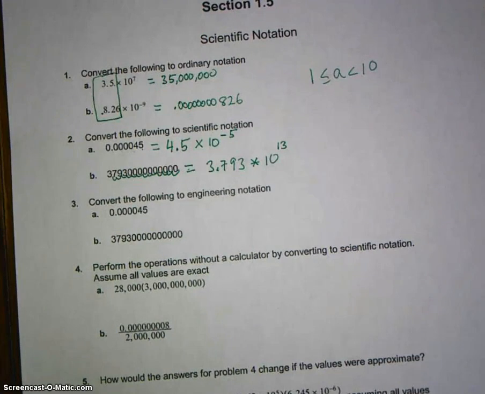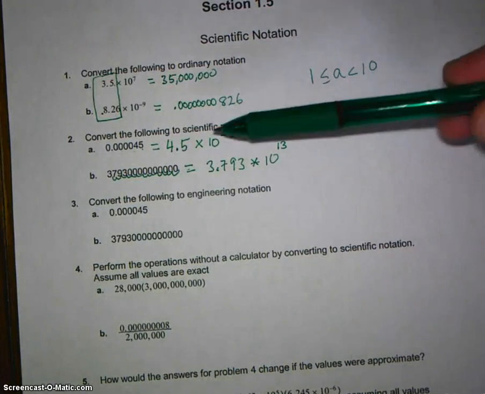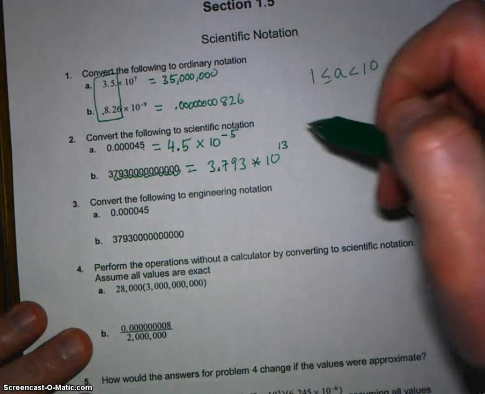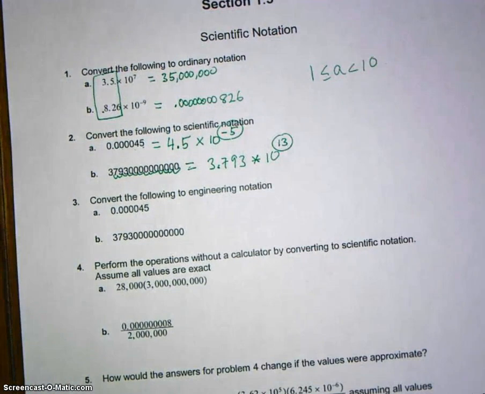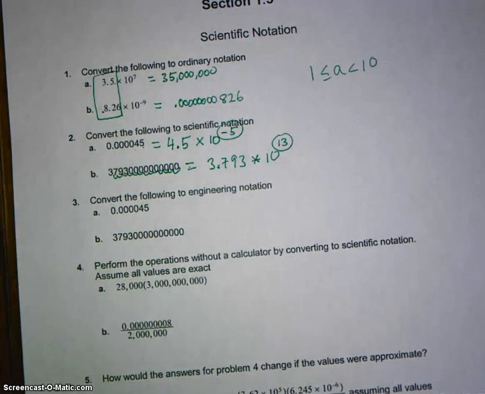Okay, now this is something you might also see. Convert the following to engineering notation. Engineering notation is very much like scientific notation, except these exponents always have to be a multiple of 3. 3, 6, 9, 12, so on and so forth.